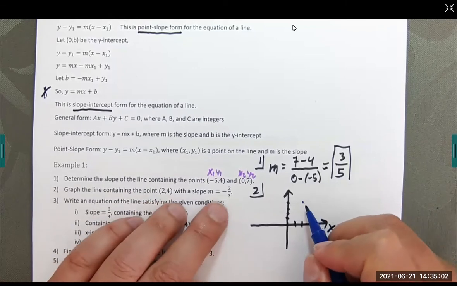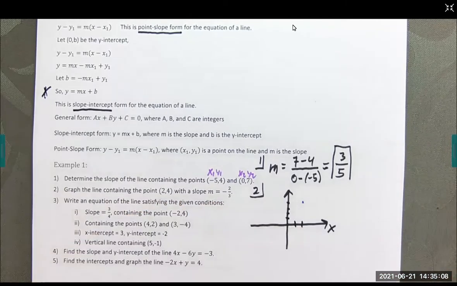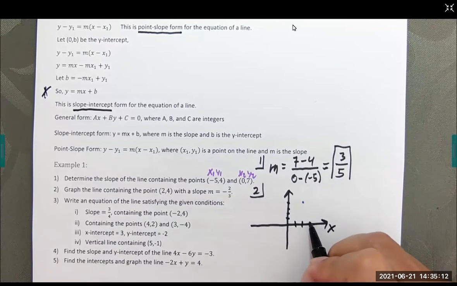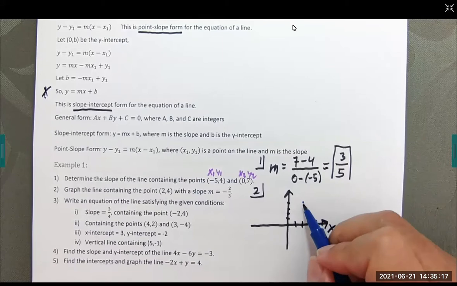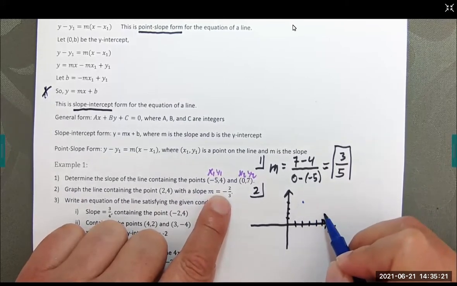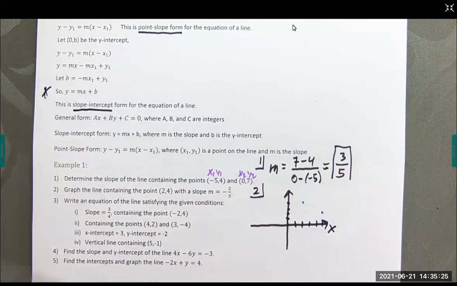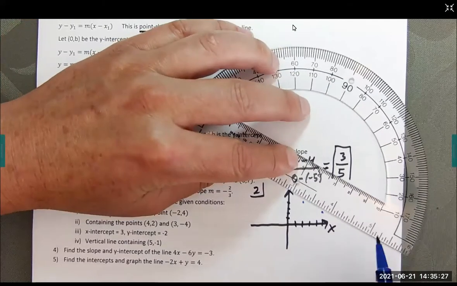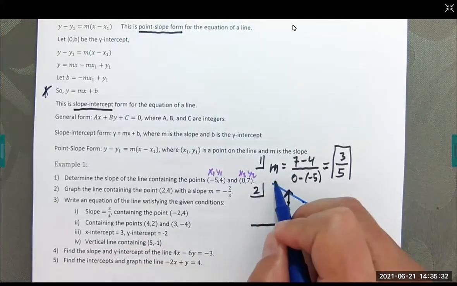And from there, I'm going to go down 2, 1, 2, and to the right 3. So we end up with this line here. So there's our graph for number 2.